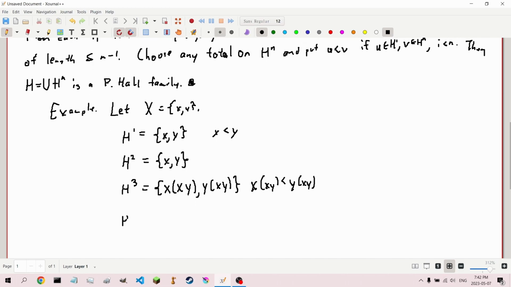Right, continue on with H4. Well, what can we add to the left of (x,(x,y))? We can add an x to the left of it. We can add a y to the left of it.